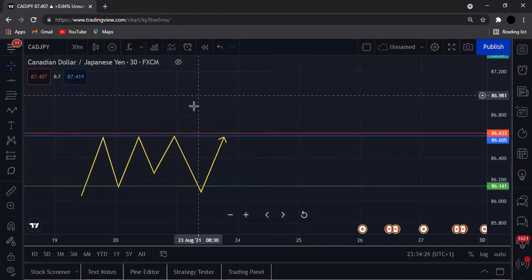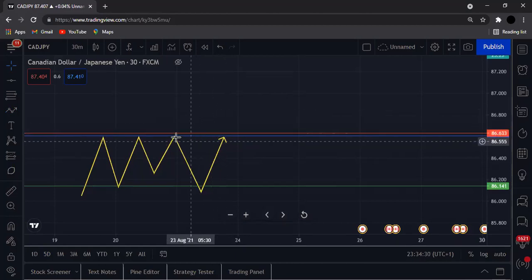Which is kind of wrong because now they've assumed that the market would try to get to this level and bounce back. But a resistance is not just a point or a horizontal line, it's a region. So the market can come in this way.